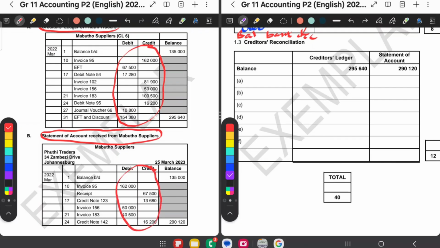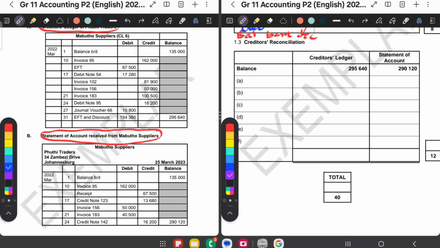If it doesn't, there's a mistake. Then, if something is on the credit side here, it should be on the debit side here. The amounts must never be on the same side. So if it's on the debit here, then it must be on the credit side here. Let's go through all our information now.